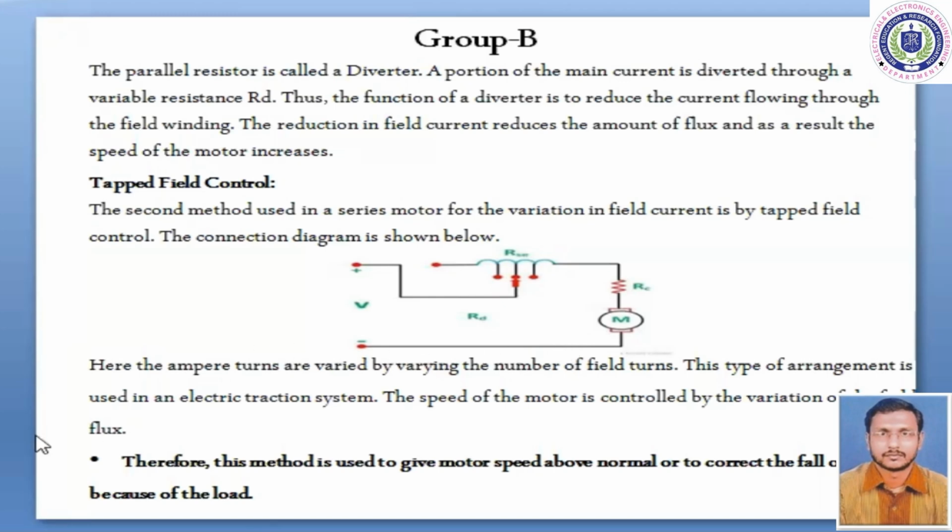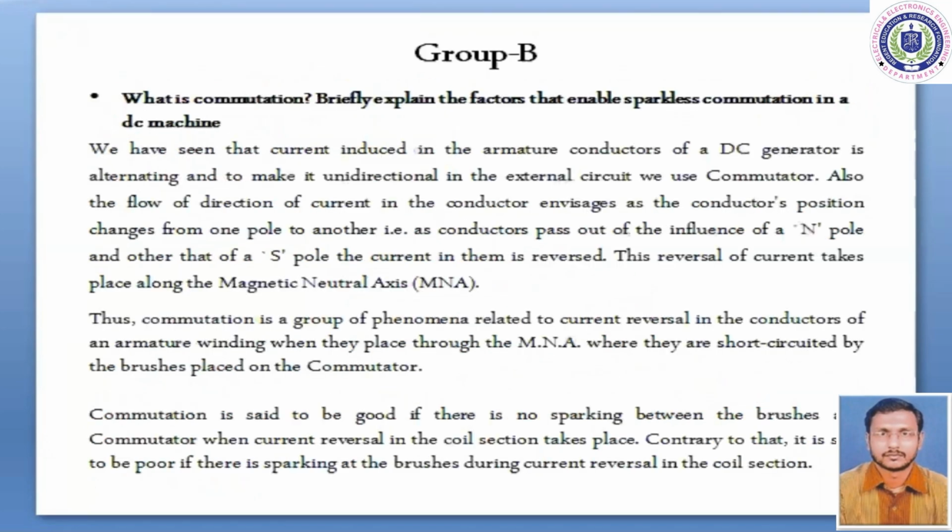Now coming to the second question. The second question is, what is commutation? Briefly explain the factors that enable sparkless commutation in a DC machine.